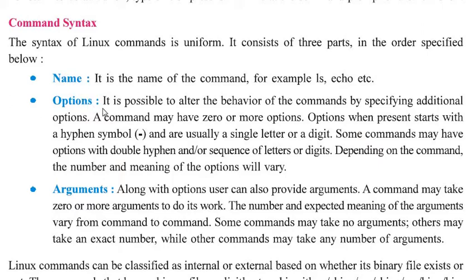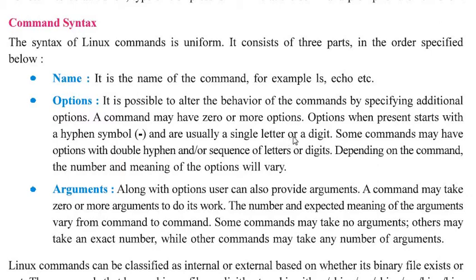Then options. It is possible to alter the behavior of commands by specifying additional options. A command may have 0 or more options. That means it's not compulsory that you add options. If you want to, you can.